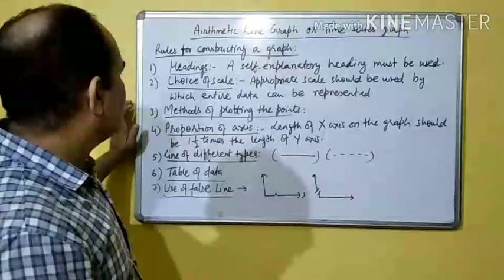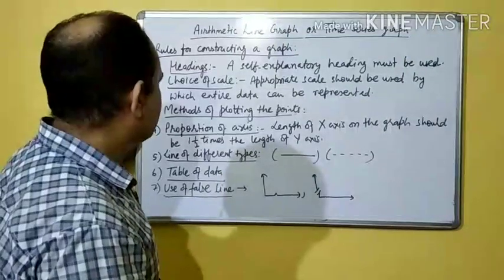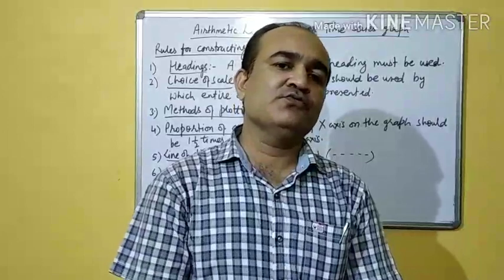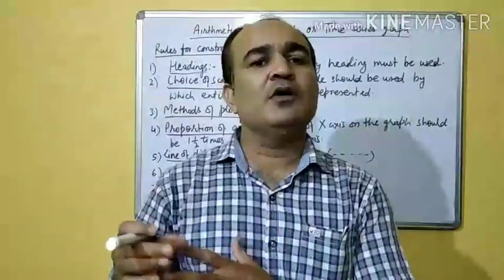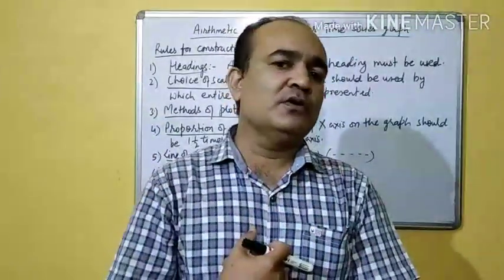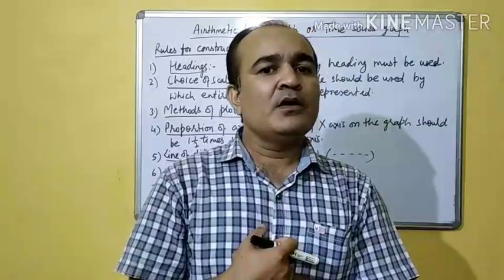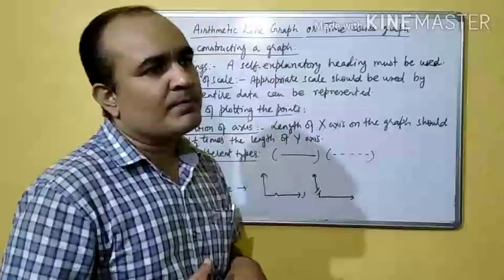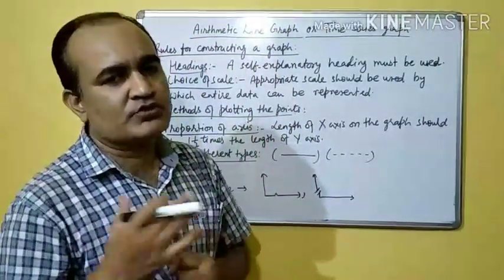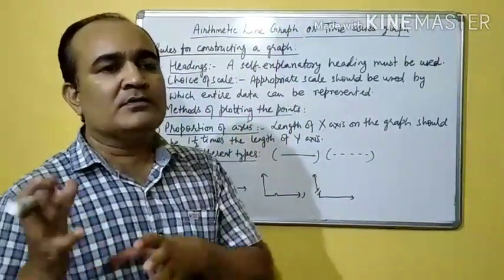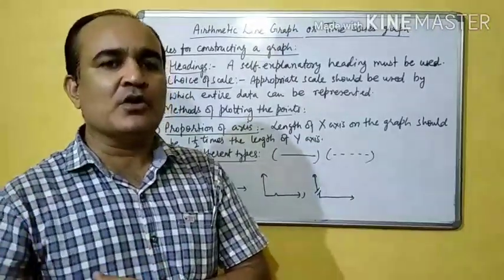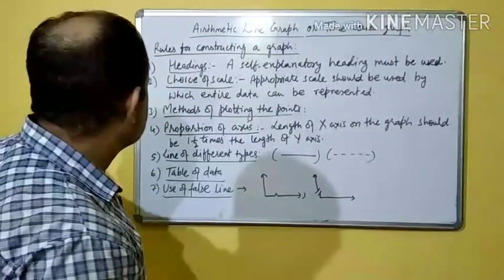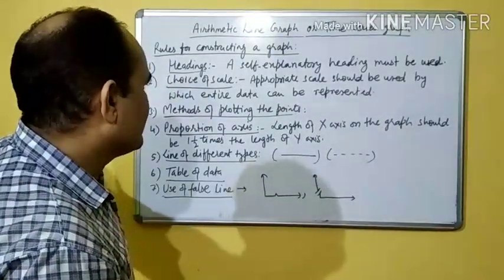And the next one is method of plotting the points. As I have already told you, in economics or statistics most of the time we use positive values of the variables, so we should follow the first quadrant most of the time while plotting the graph based on some statistical or economic data. The next point says proportion of axis.